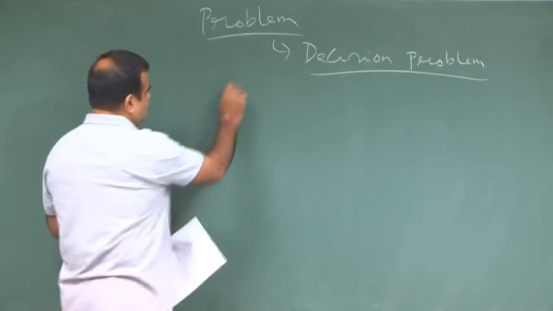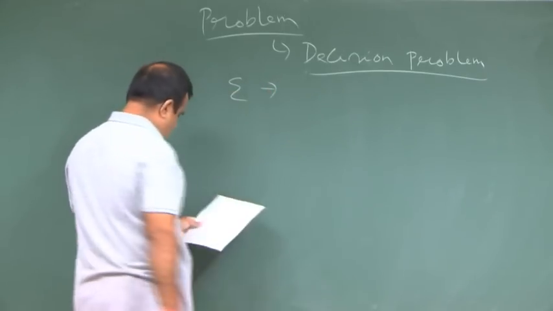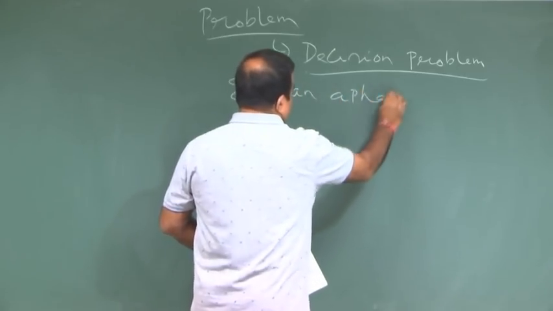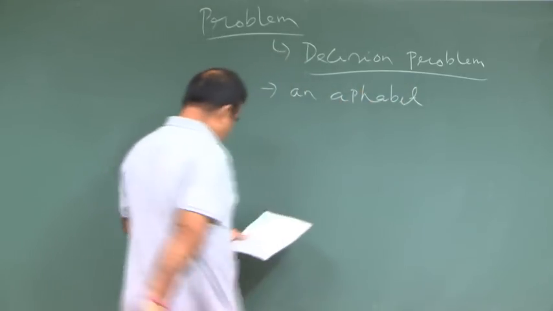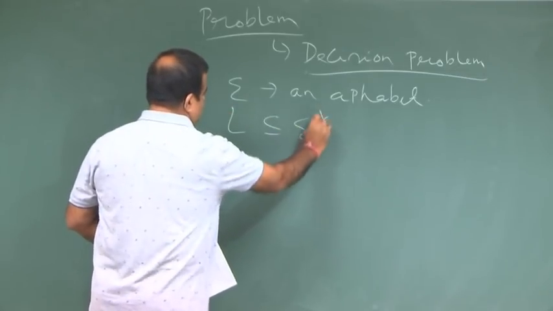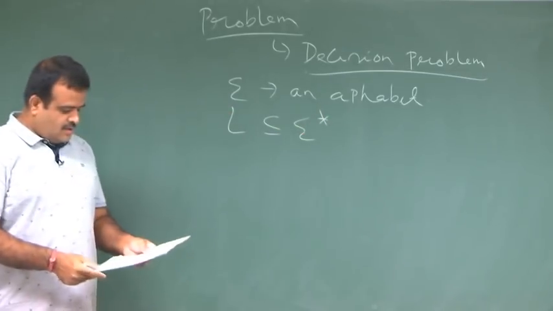Suppose we have a sigma, which is the input alphabet symbol, and then we define a language which is a subset of this. Okay.